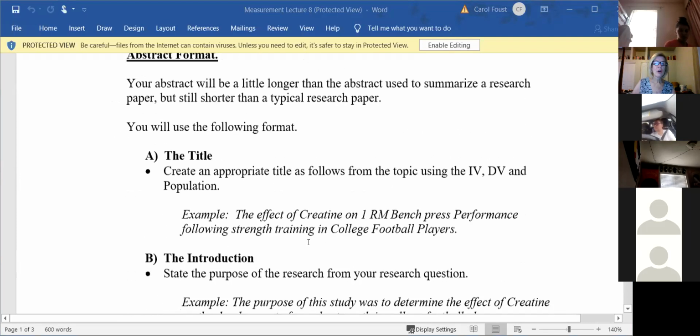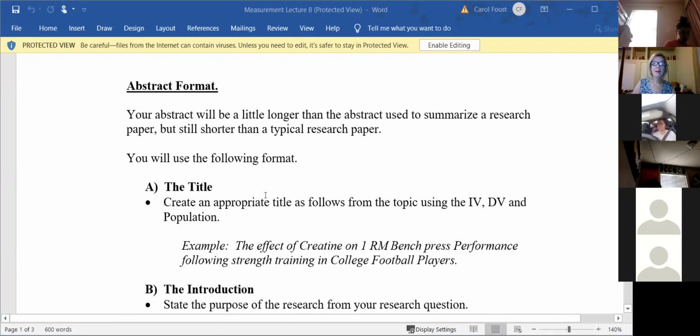So the abstract format is going to be more of a lab report, so it'll probably be 2 to 3 pages long.